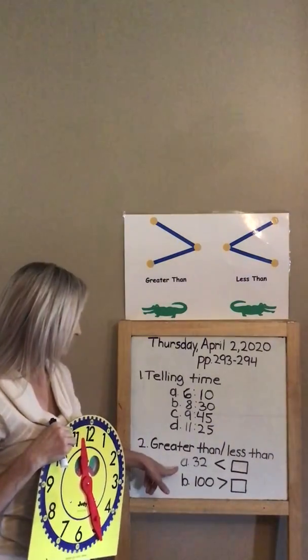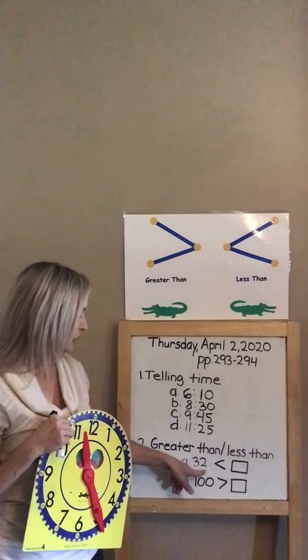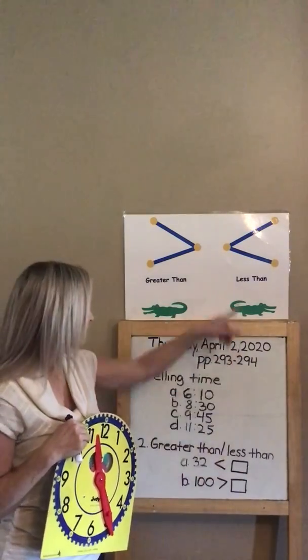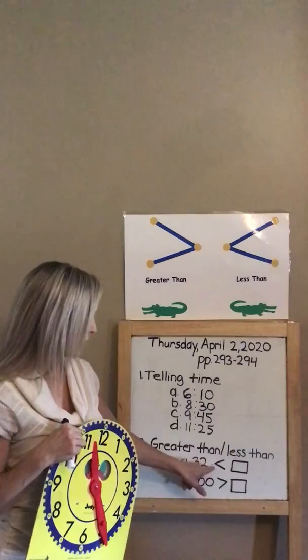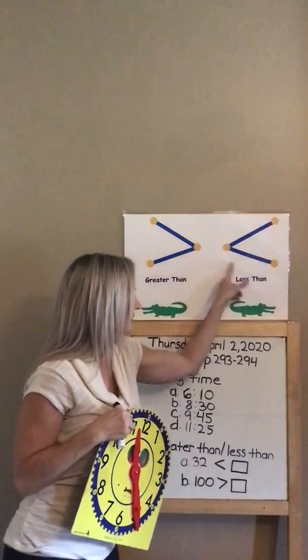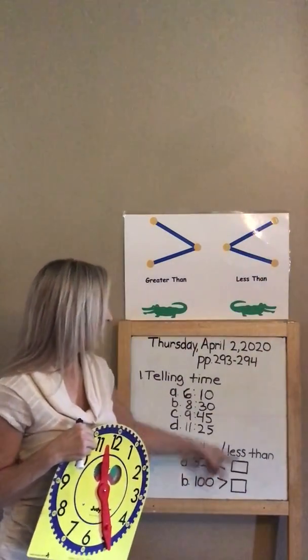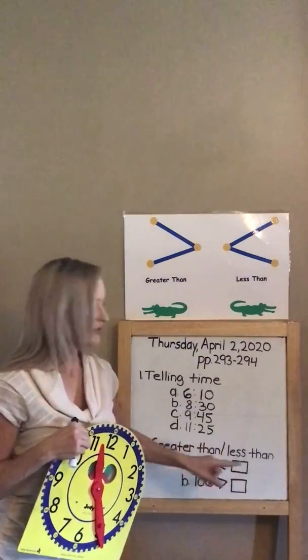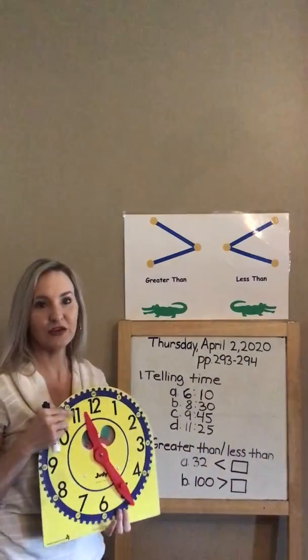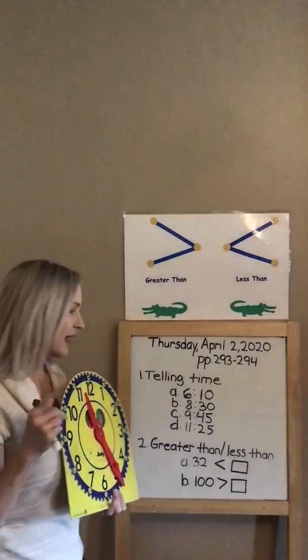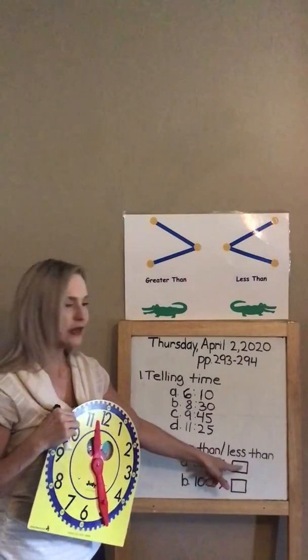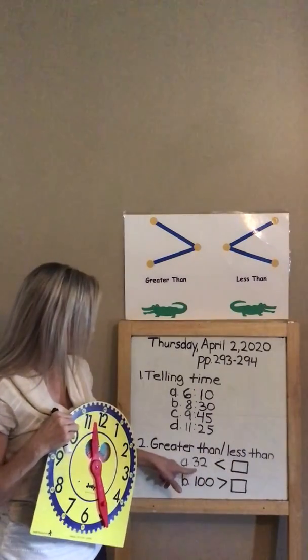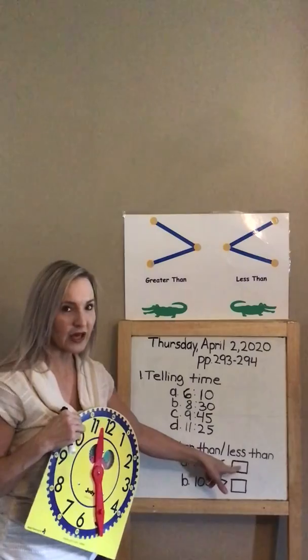I've got example A here, 32. Notice that symbol. I have my symbols up here. You're coming to the smaller part of the symbol. That's the less than symbol. 32 is less than. You have to fill in that number, okay? You make your own comparison. Now, when you're trying to figure out what number to write here, 32 is less than what?